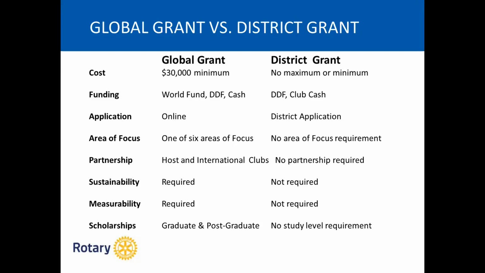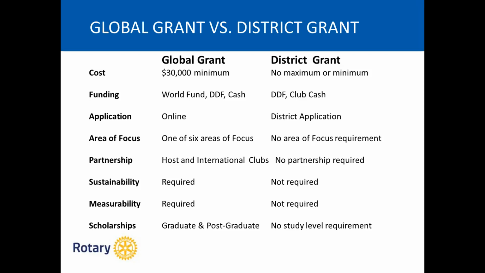The new grant model was instituted in 2013, which increased the minimum project cost for a global grant to $30,000. At this same time, they allowed districts to apply for a district block grant, which is administered by the district, and it can be used for smaller grants.